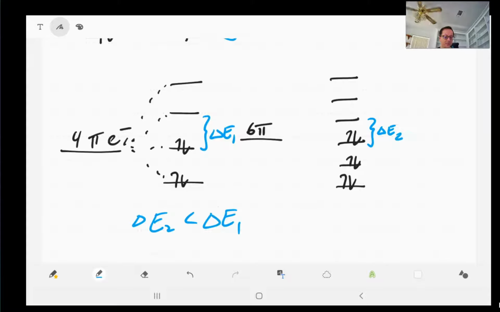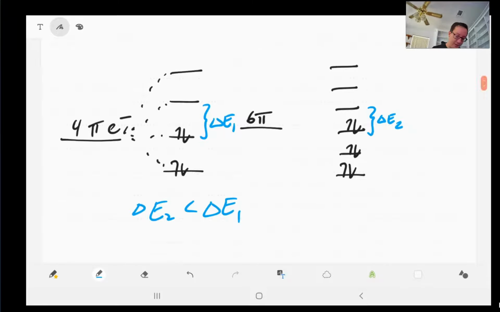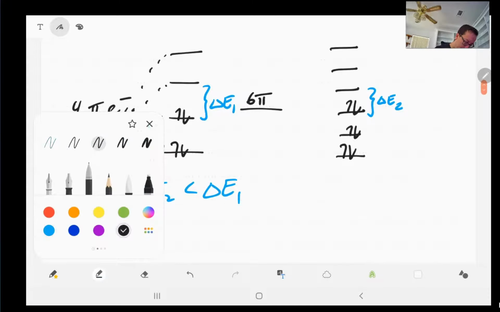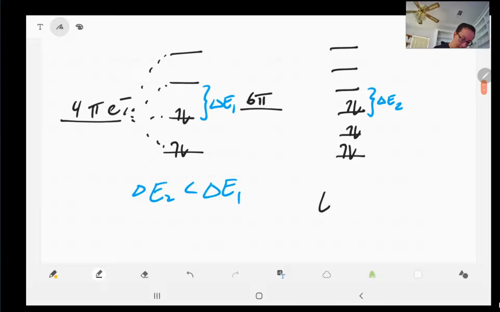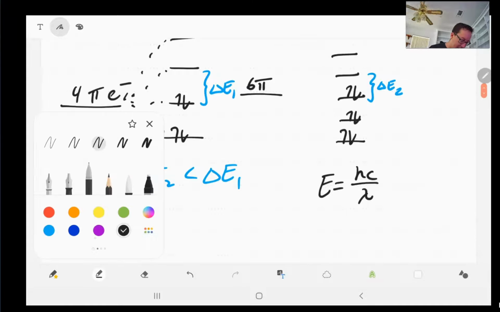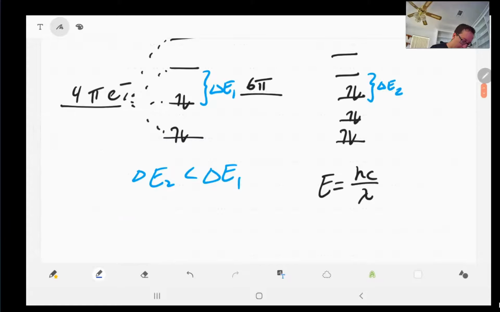Who remembers that? Opposite, unfortunately. Yep. Long wavelength is going to be our lower energy here. So that means that this lower one will have a longer wavelength.